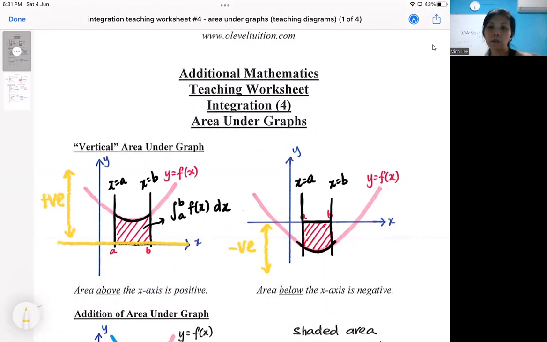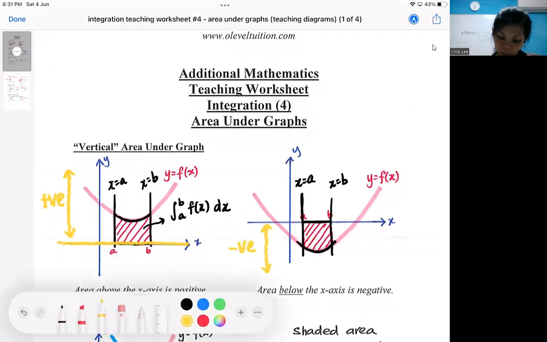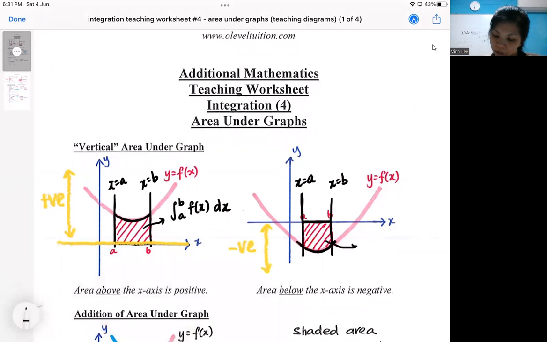The reason is that when you do the definite integral, you will get a negative value, because it's below the x-axis.